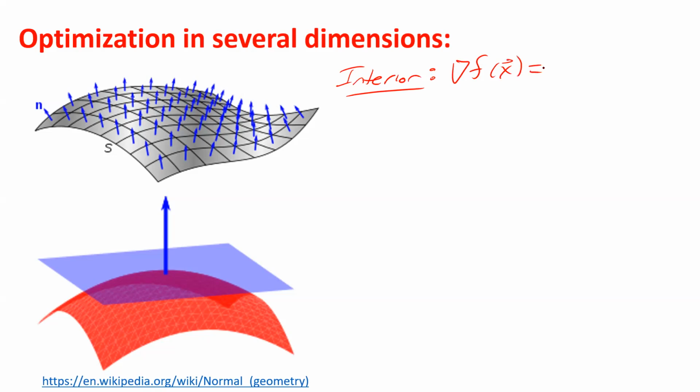And what should be true about the gradient of f on the interior? At mins and maxes, it should be 0, the vector. The gradient of f is df/dx1 through df/dxn.